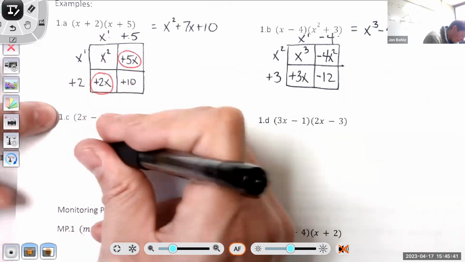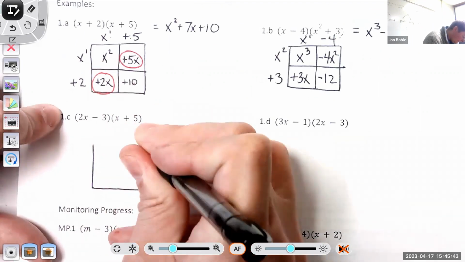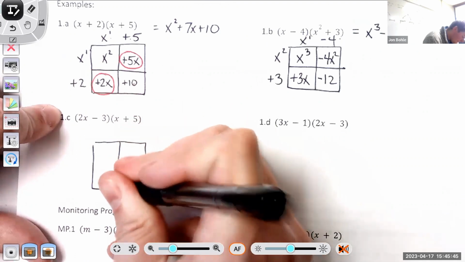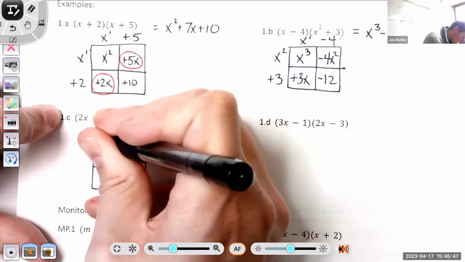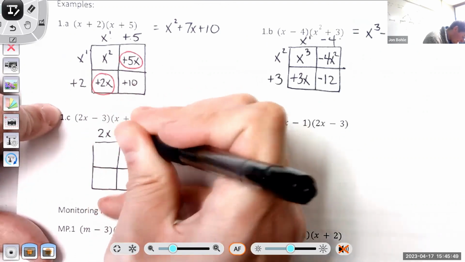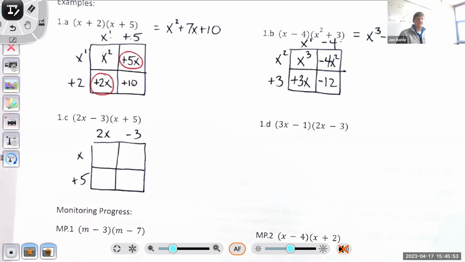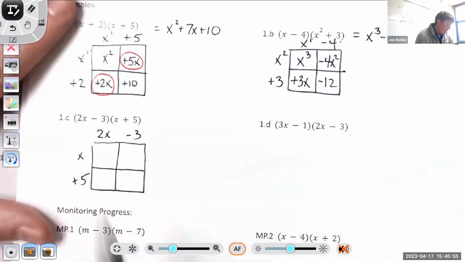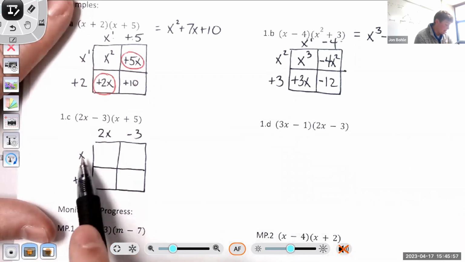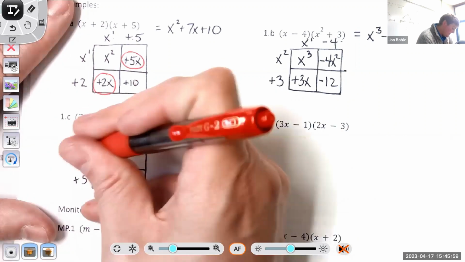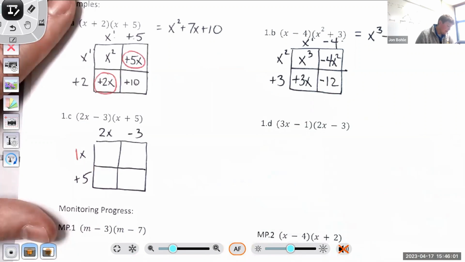Same setup. It's on repeat. 2x minus 3 times x plus 5. So here, again, you need to remember if I have 2x times x, that's 2x times 1x.